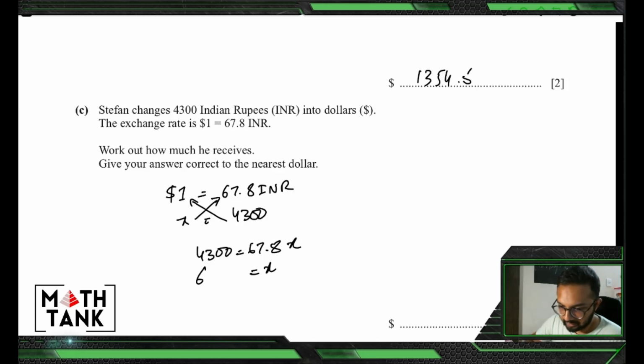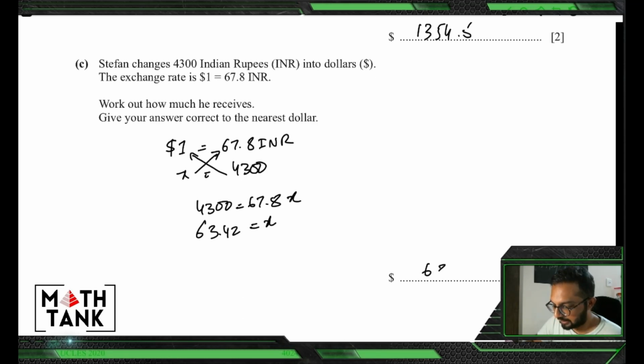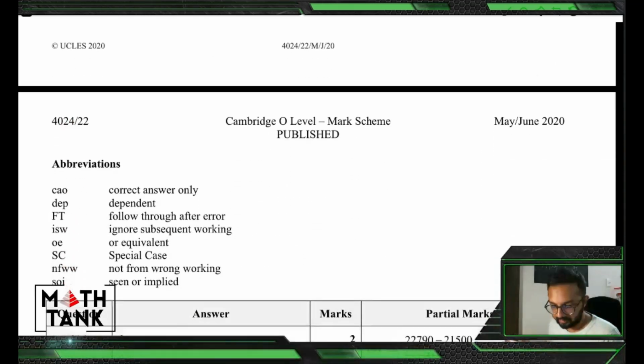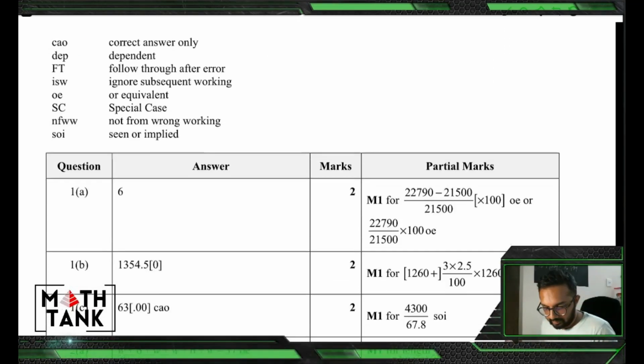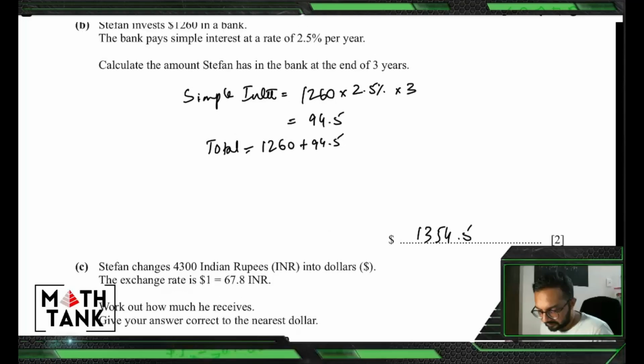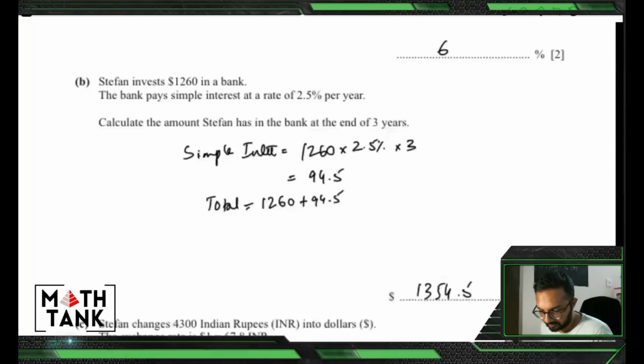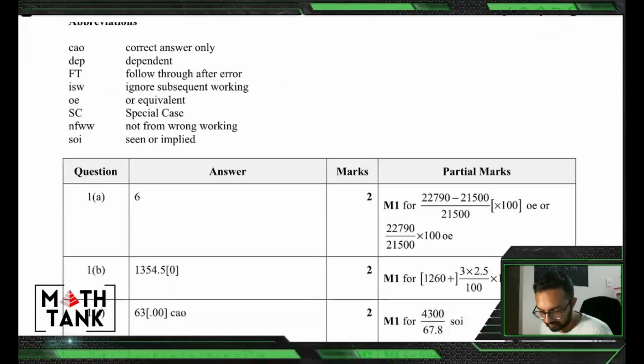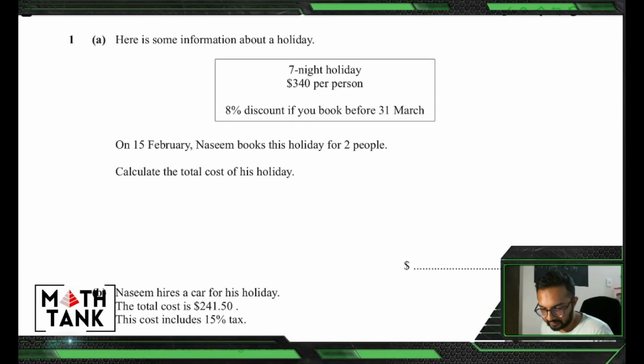You get 63.42. Correct to the nearest dollar, so that's $63. 1354.5. Yeah. Okay, and 6%. Yeah, all of those are correct answers.